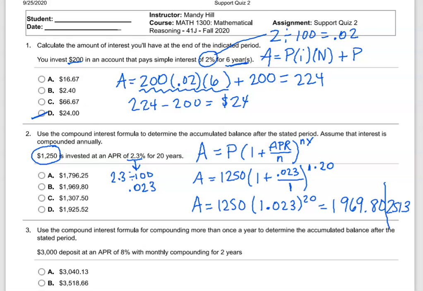And this is smaller than 5, so I don't have to round up. So B. Questions about how we came up with that or anything?